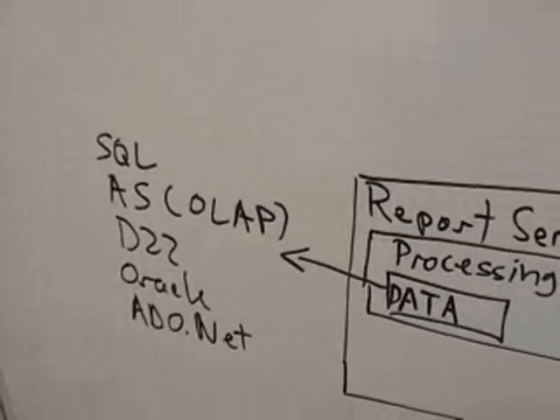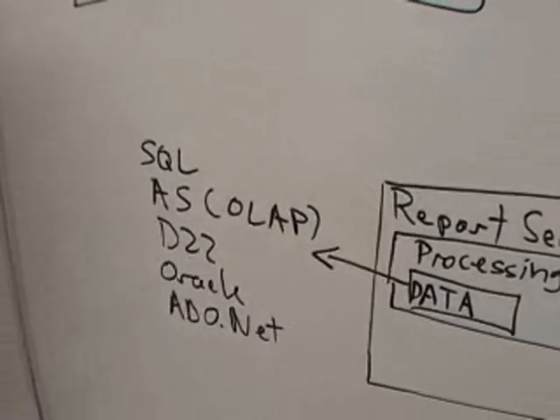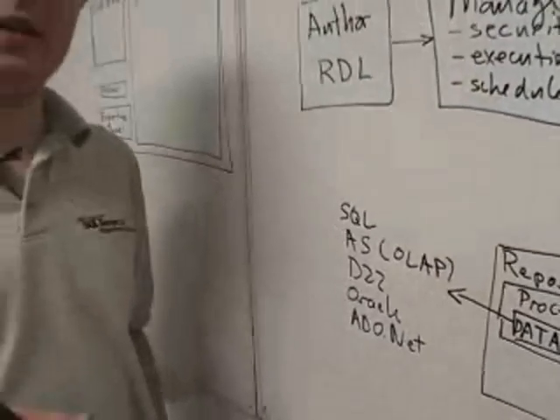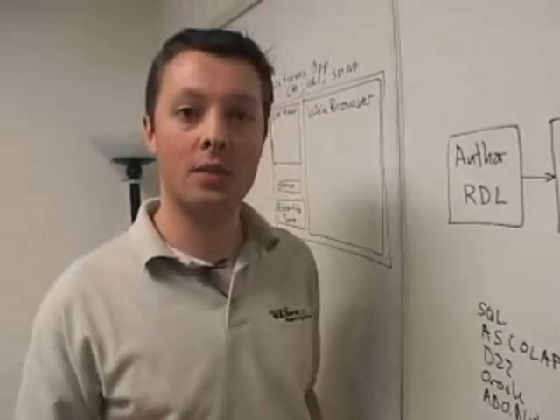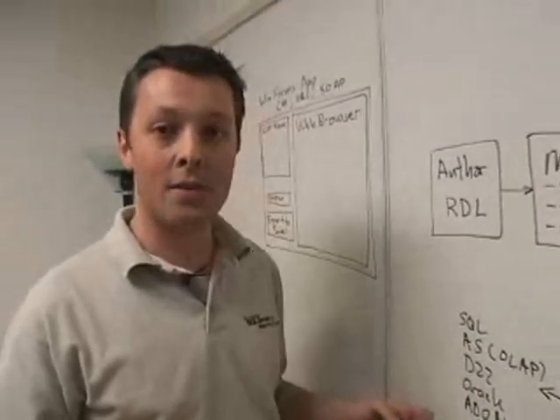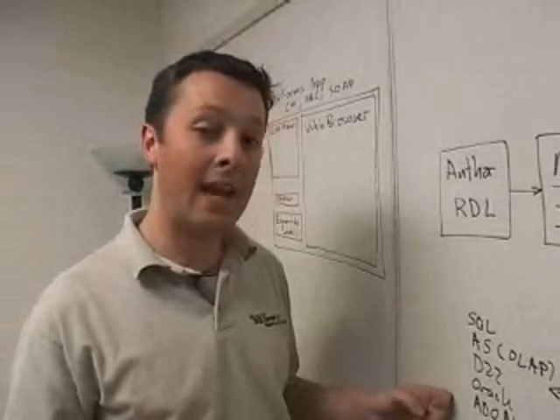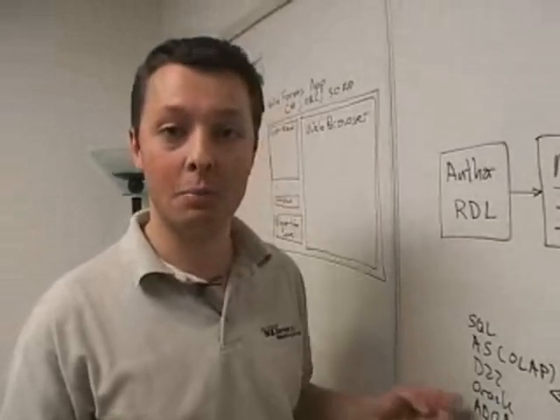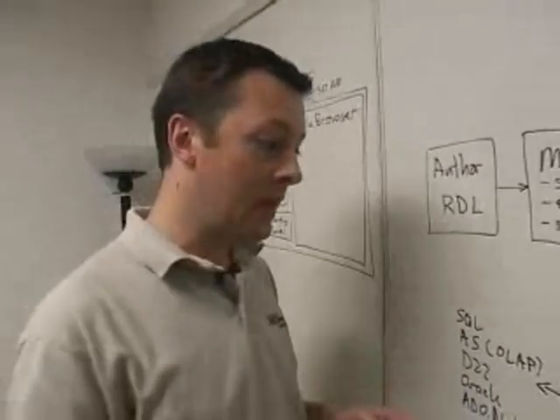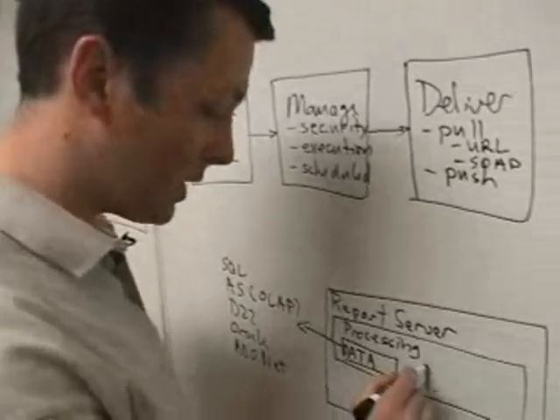We provide a set of added value APIs in the data extension space that allow you to do more report-specific things, but the key message here is that if you've invested in an ADO.NET data extension, you can just plug it into your report server. In the report processing piece as well, there's a rendering piece.